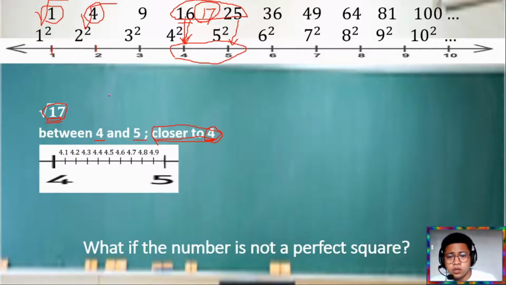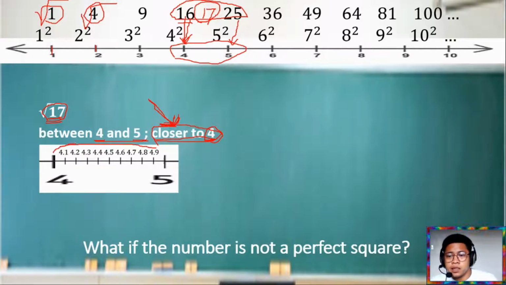So, focus tayo dito. Nabanggit na natin yung pagitan ng 4 and 5. These are the number that is between 4 and 5. So, from the numbers between 4 and 5, let us focus on the number that is closer to 4. So, what are the number that is closer to 4?